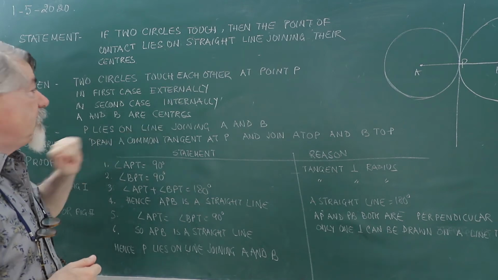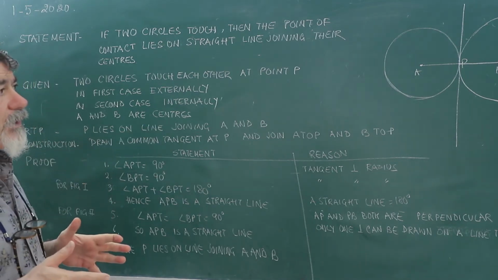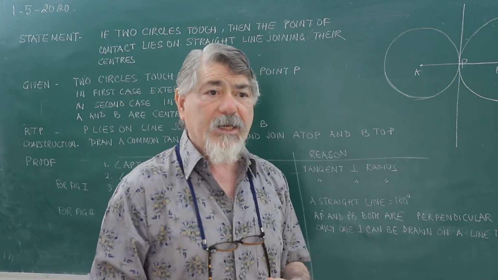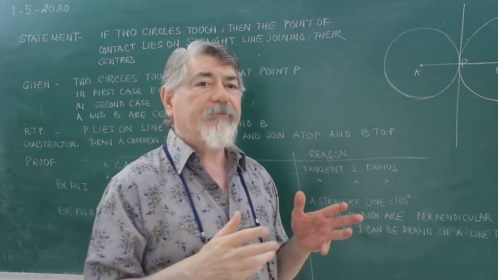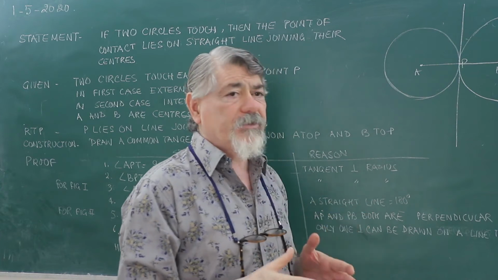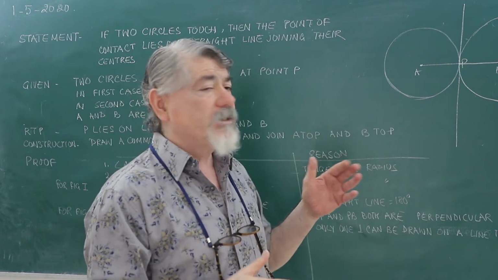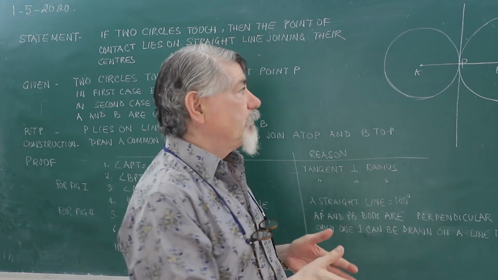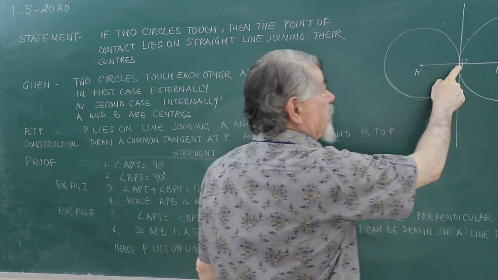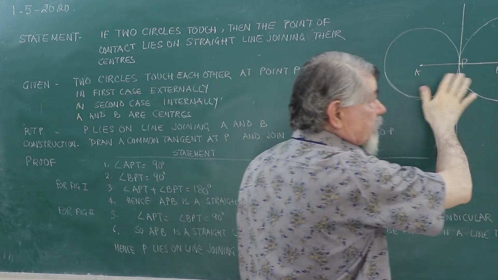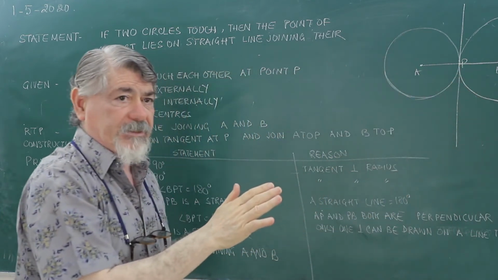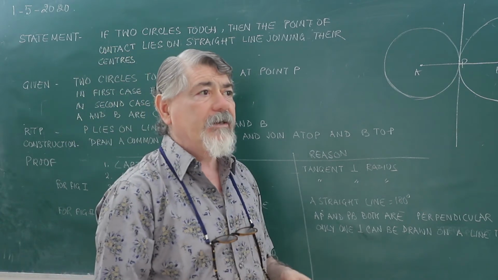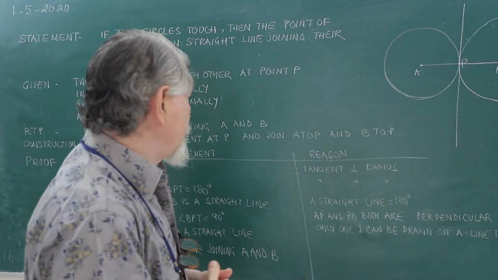A and B are their centers. What we have to prove is that point P lies on the line joining A and B. If we join the centers of the two circles, then the point of contact will lie on that straight line. That means P will lie on AB, whether externally or internally touching. The point of contact will always lie on the line joining the centers of the two circles.